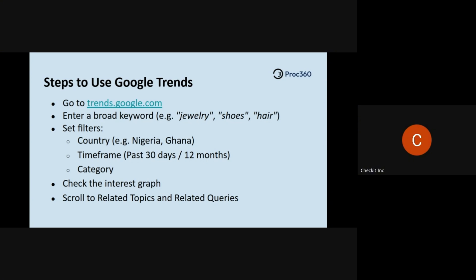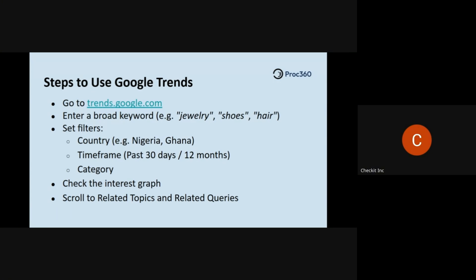So the first step when you want to use Google Trends is to go to trends.google.com. You could just type it in on your browser, and it takes you directly to this place. You could enter a broad keyword. It could be jewelry, shoes, hair, clothing, anything at all.